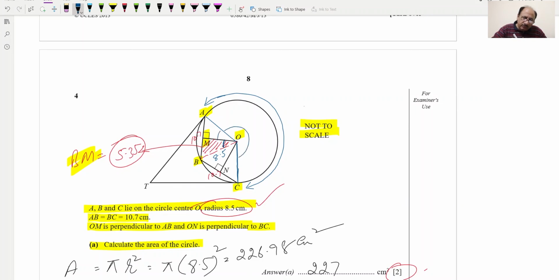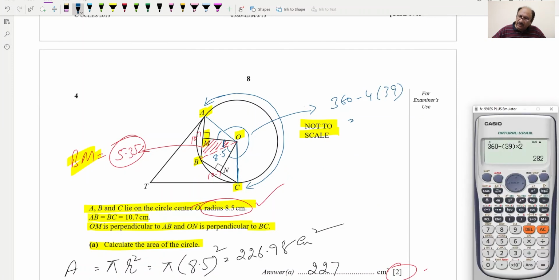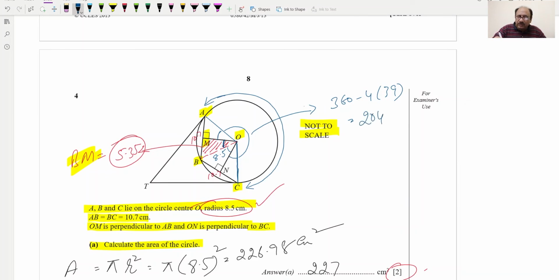Up to this is 39, this is 39, this is 39, and this is 39. So 4 times 39 we will be subtracting from 360, and we will get the angle: 360 minus 4 times 39, and this is equal to 204. So the angle we will take is 204 degrees.